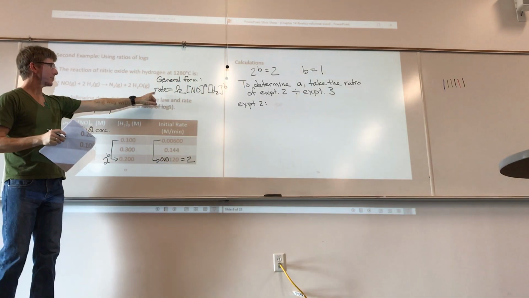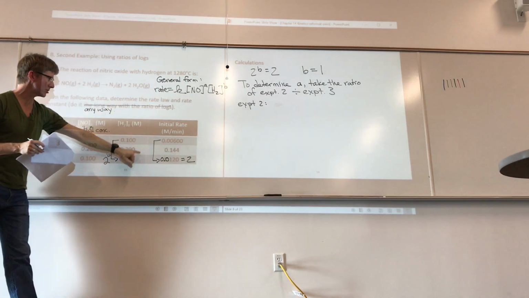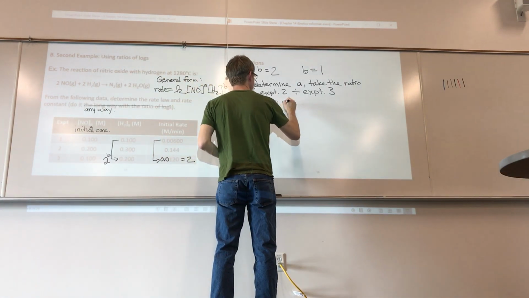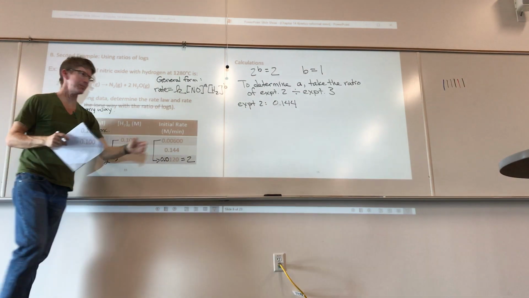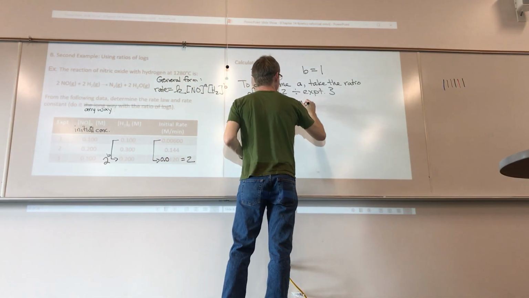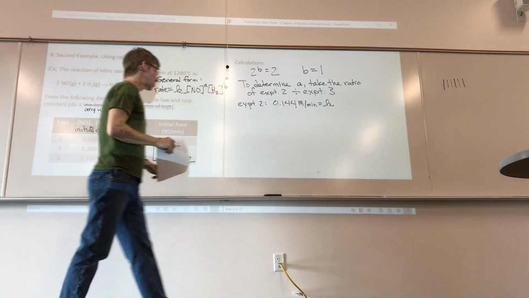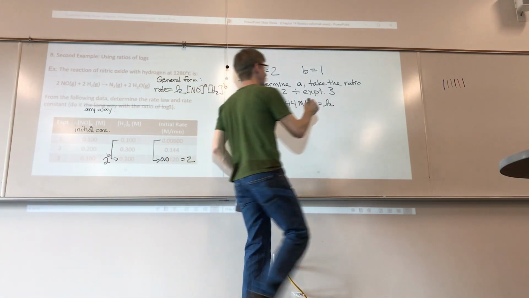So we're going to write rate equals k times and fill in a number. So for experiment 2, rate is 0.144. That's molarity per minute. Equals k times concentration of NO, 0.200 mole.